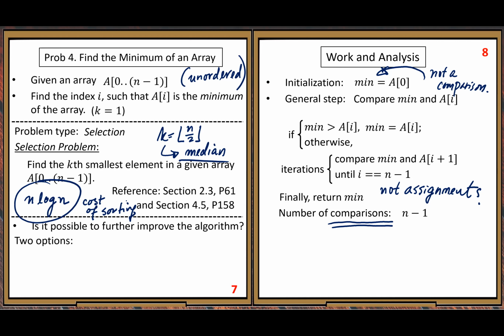So when we answer this question, is it possible to further improve the algorithm? Usually we have two options. The first option, improve the algorithm. If the cost is not the issue, we always try to improve the algorithm the best we can. But it's impossible to improve the algorithm forever, right?